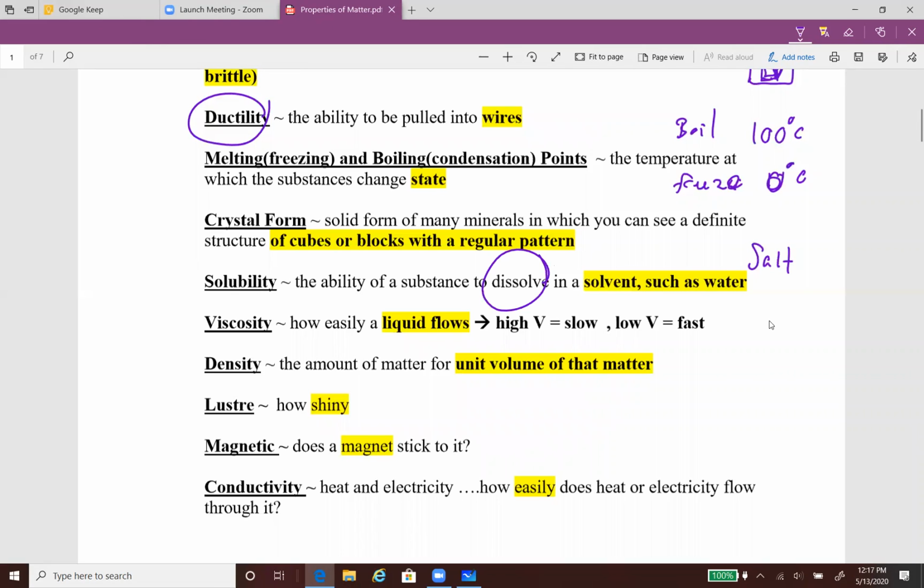The term dissolve could be a little bit tricky because you could use the term dissolve when you talk about an acid dissolving metal, for instance. But in that case, the term dissolve means something different. When an acid's dissolving a metal, it's actually a chemical reaction. You are actually changing the particle.